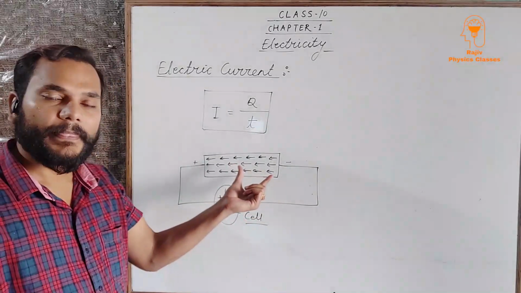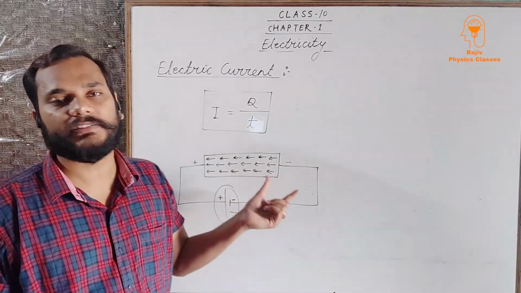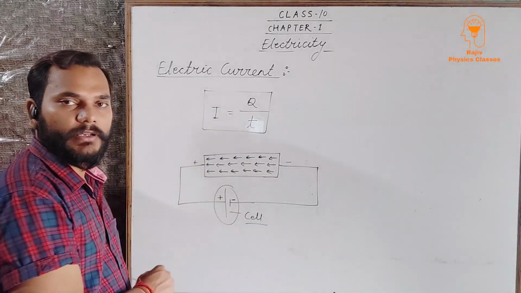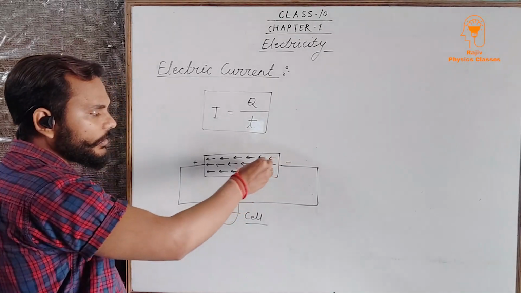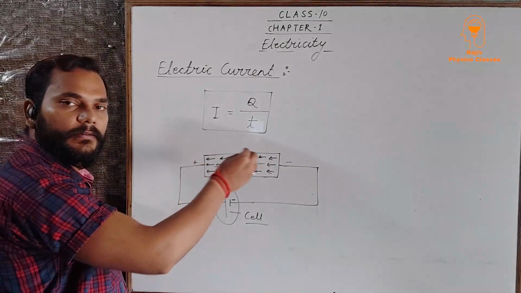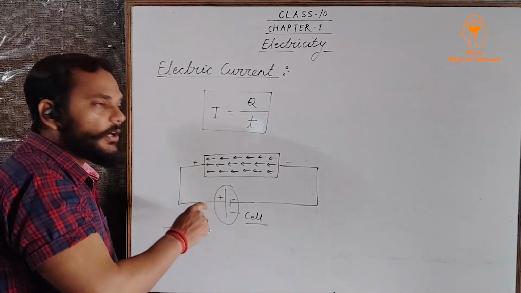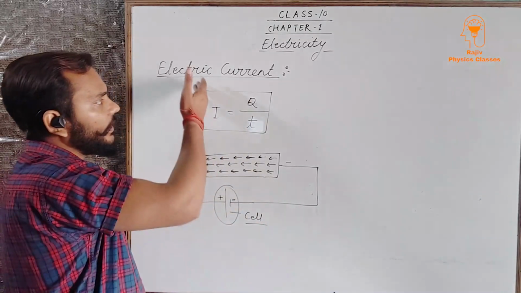So whenever we connect the cross section of the wire with the supply, all these electrons move towards the positive terminal of the cell. This is the only method through which electric current flows.